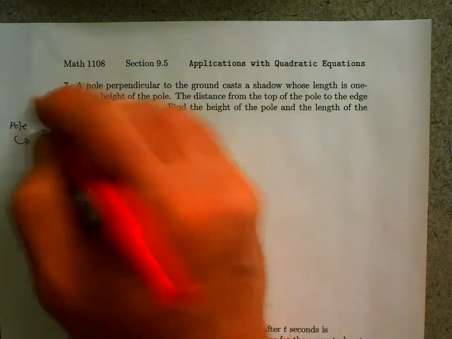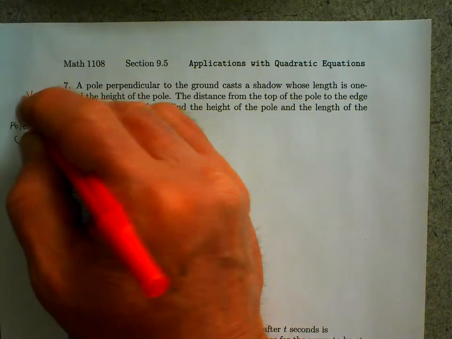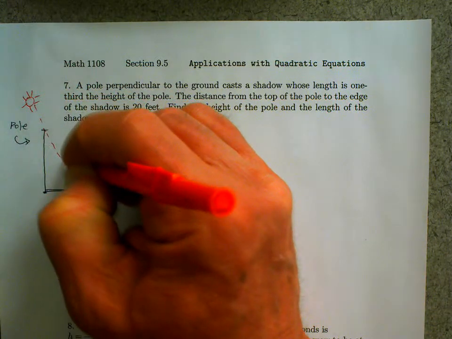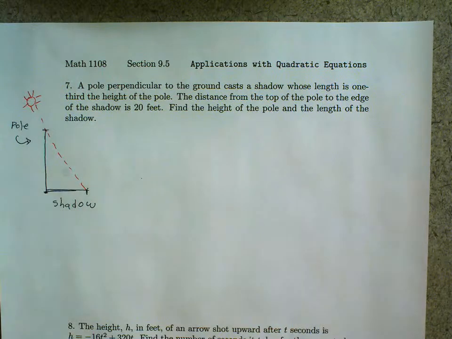So the sun is in the position that it casts this shadow of however long it is.